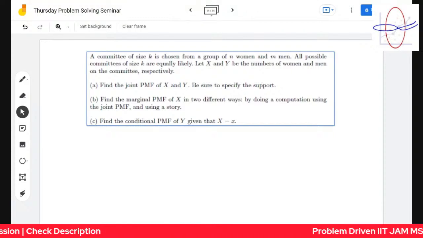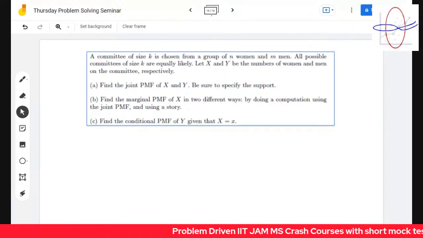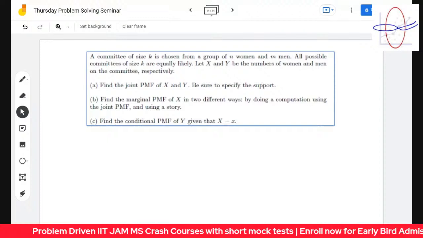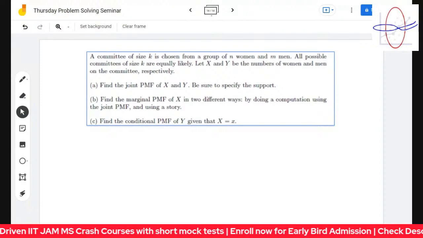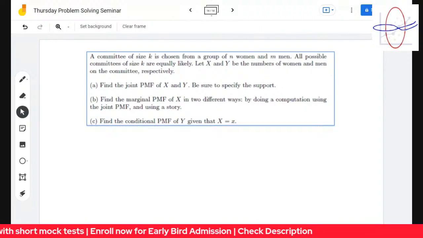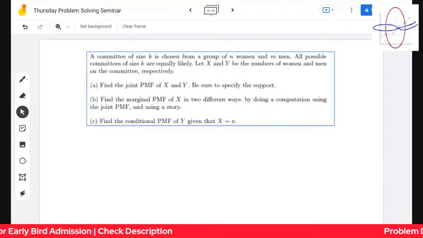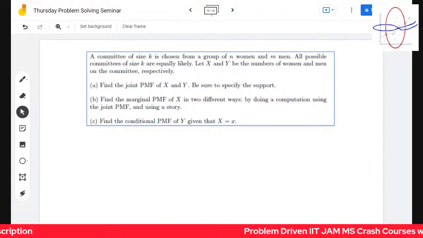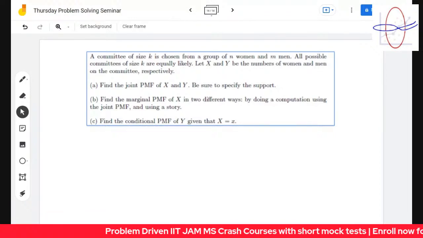Okay, just give me a minute. Perfect. What you're doing is the following: a committee of size k is chosen, and you define random variables X and Y, the number of women and men on the committee.